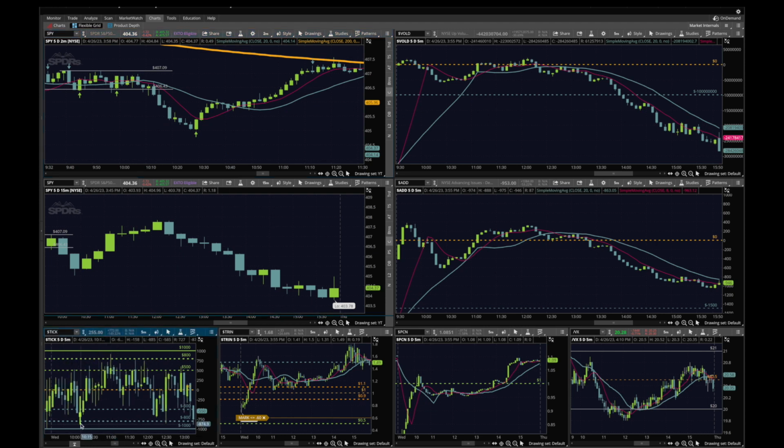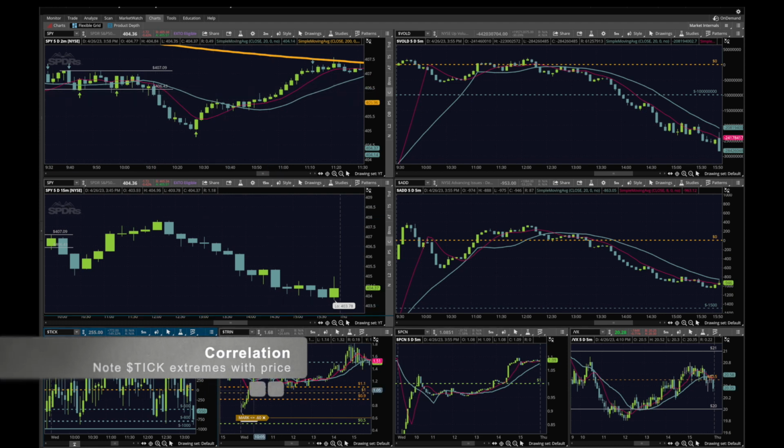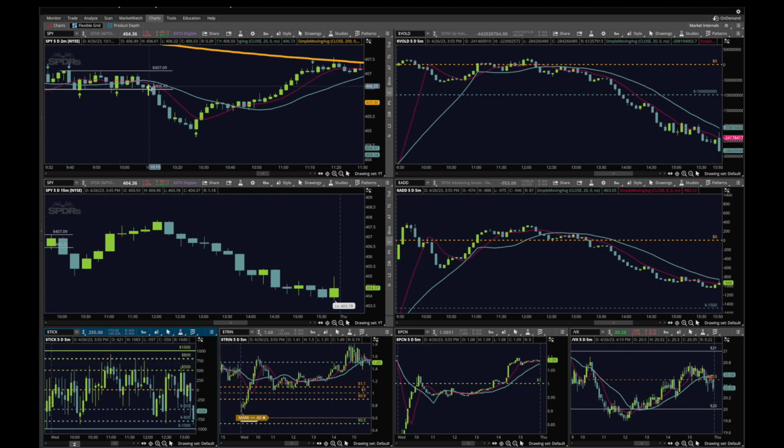When you see these extremes, you want to pay attention to what the candles are doing. So that's two of them, and they're roughly around the same price, so that's good. That's important to know.